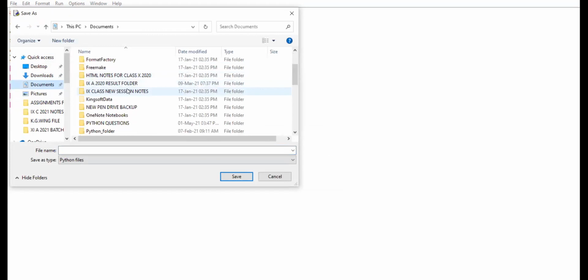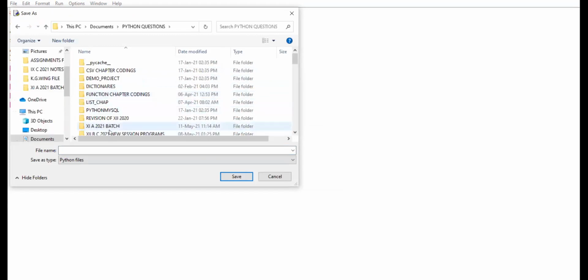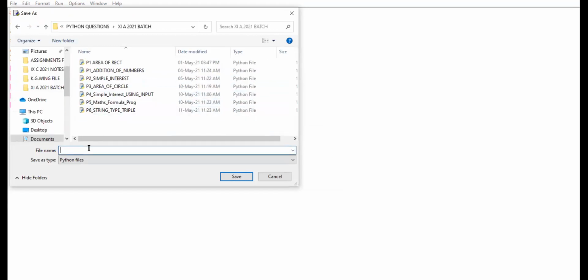I am saving this program in your folder. Program number 7, area of triangle. Square root function.